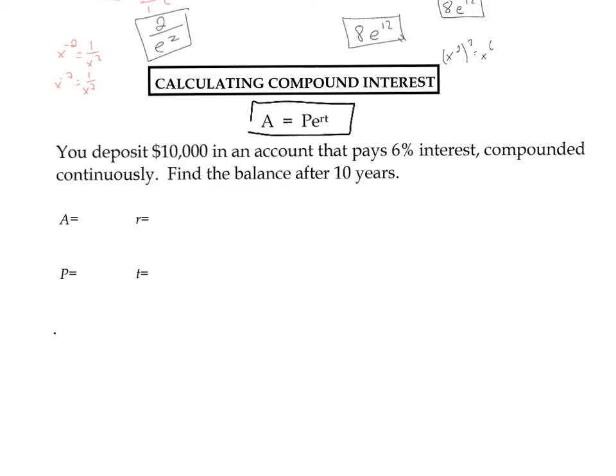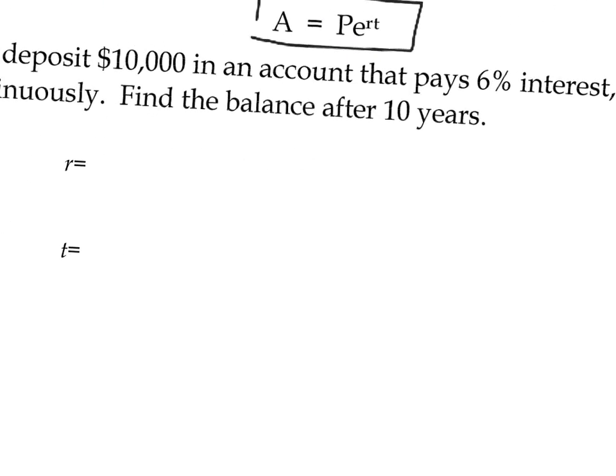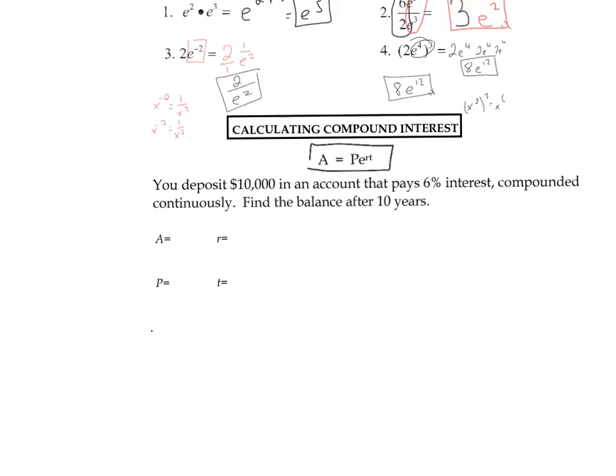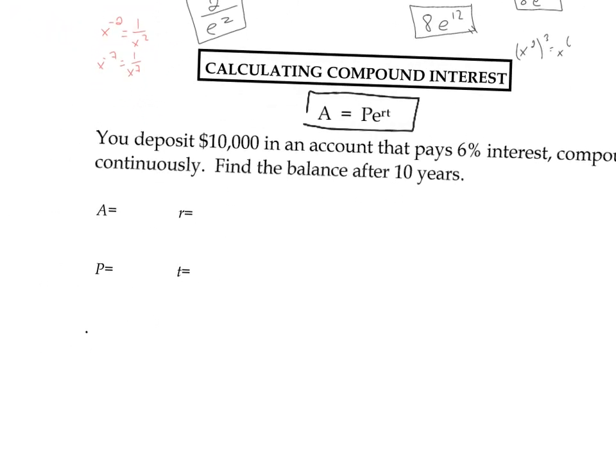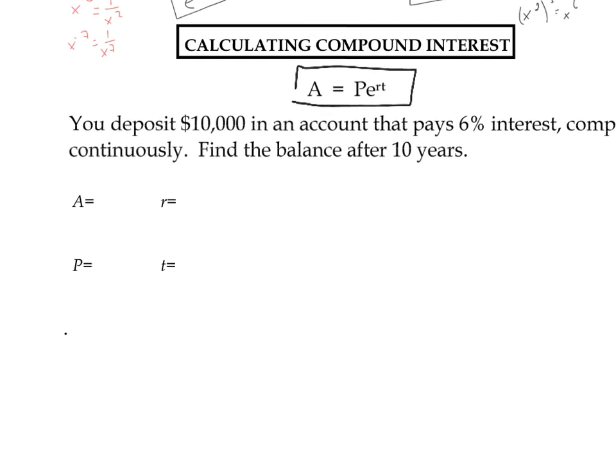Okay, so in this problem, A, we are looking for it. P is 10,000. r is 6%, 0.06.